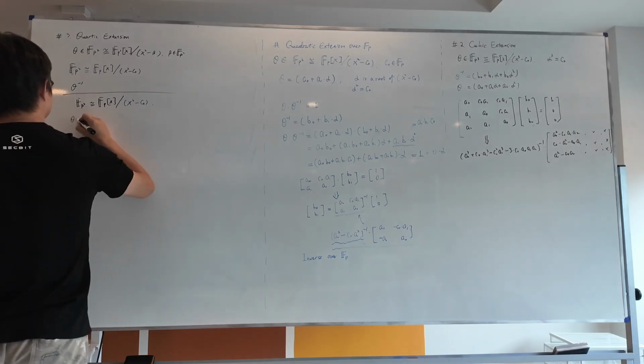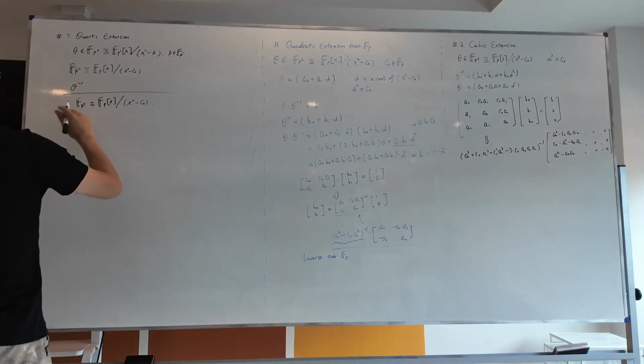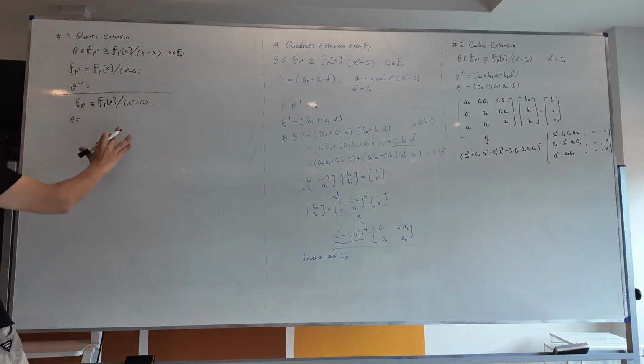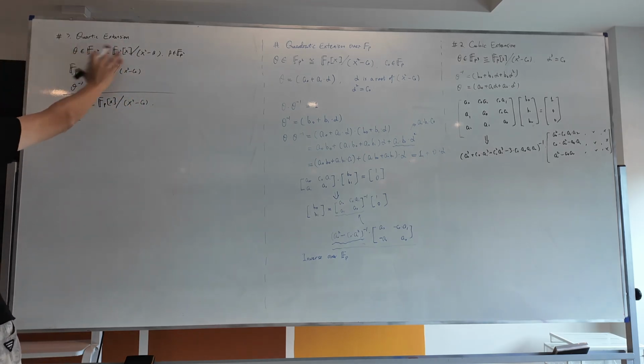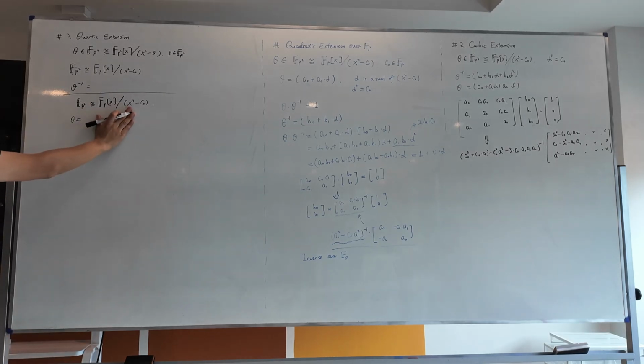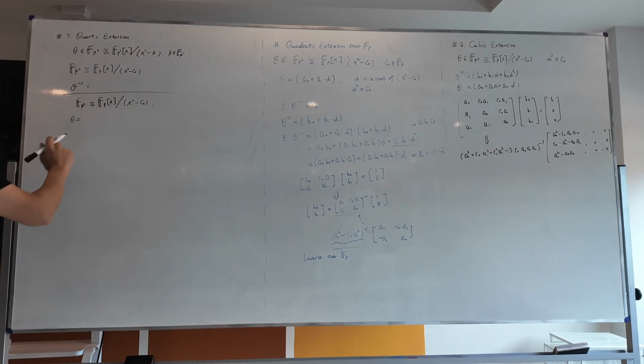Now we can represent theta. These are 2 different ideas. In this one we decompose the extension, but for this case we use the direct degree 4 extension over Fp.